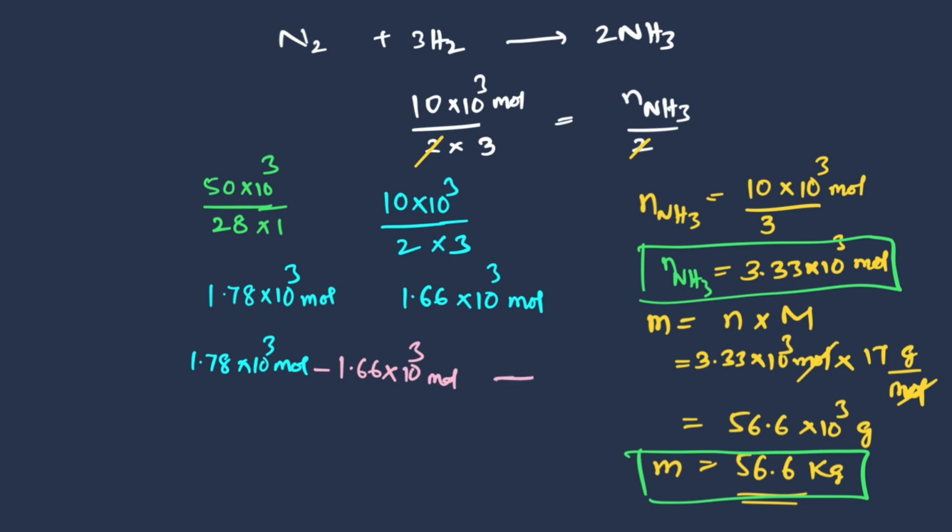So after that, now I am subtracting 1.78 minus 1.66. This value is 0.12 into 10 power 3 mole. This is the left amount, the number of moles of nitrogen left.